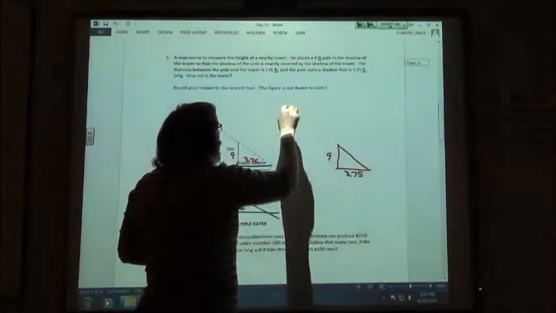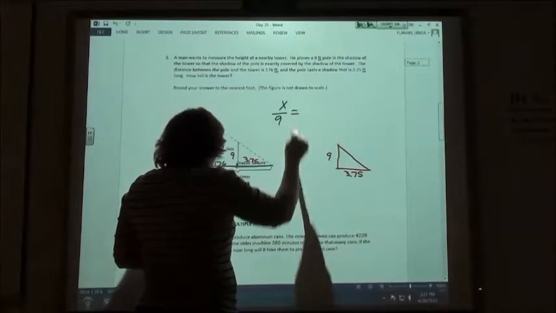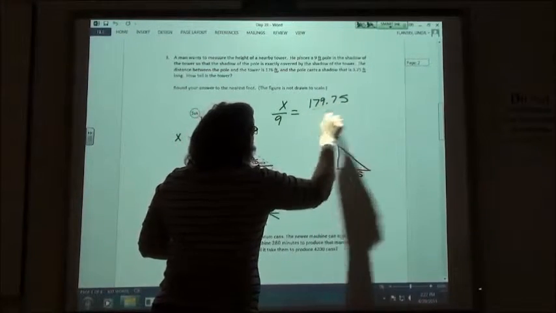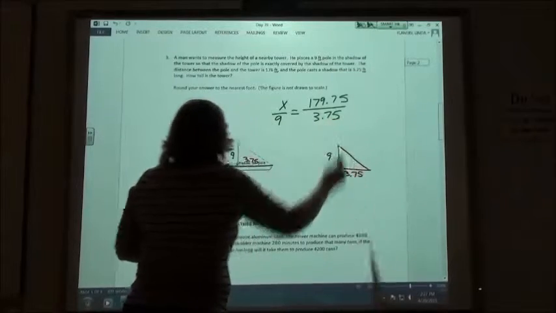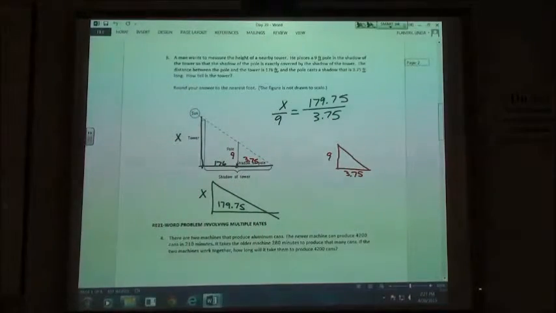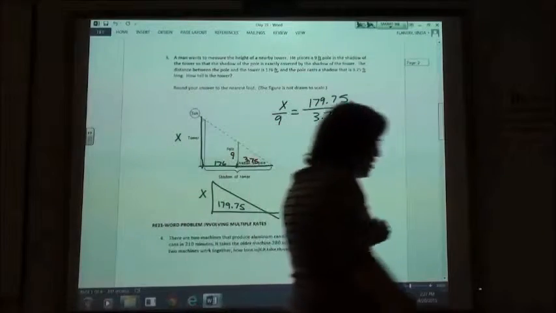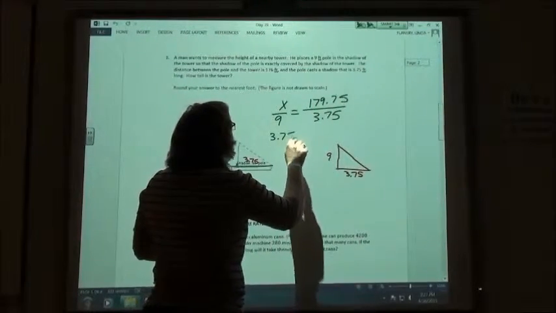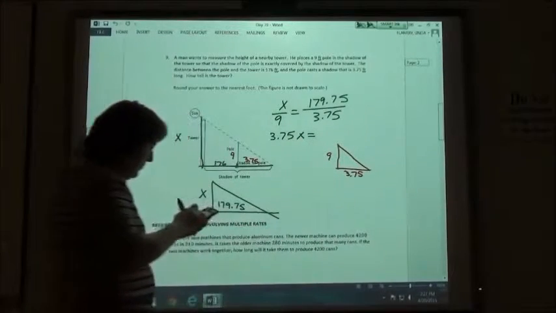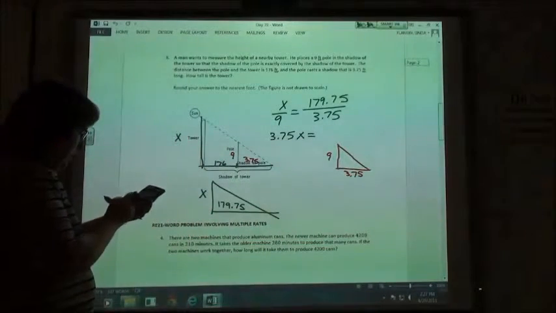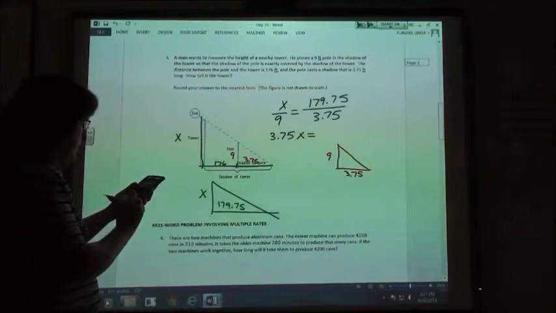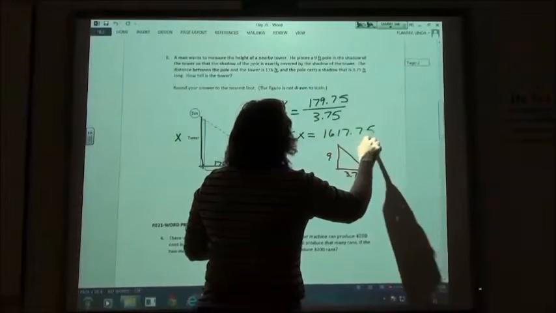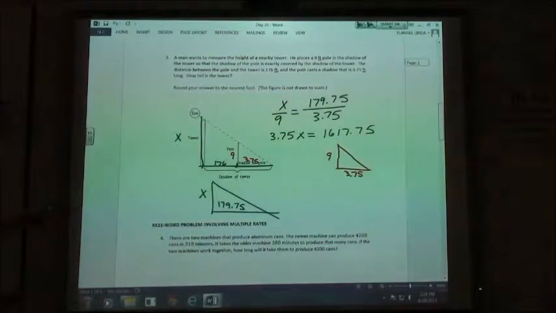And so, x over 9 is going to equal 179.75 over 3.75. And now I have my proportion that I can solve. So cross multiplying, 3.75x is going to equal 179.75 times 9. 1617.75.